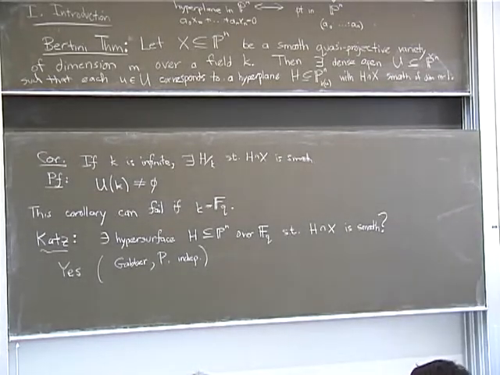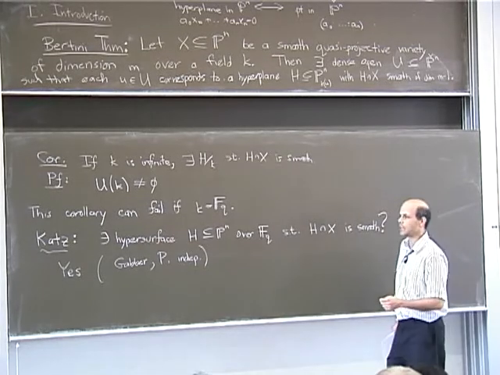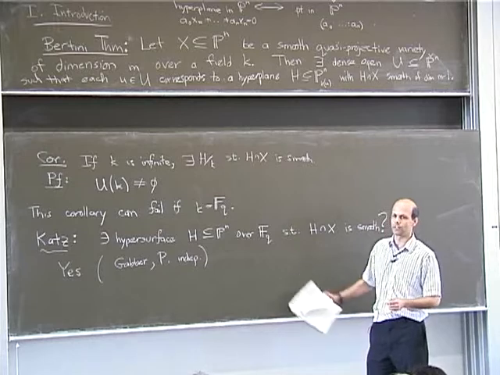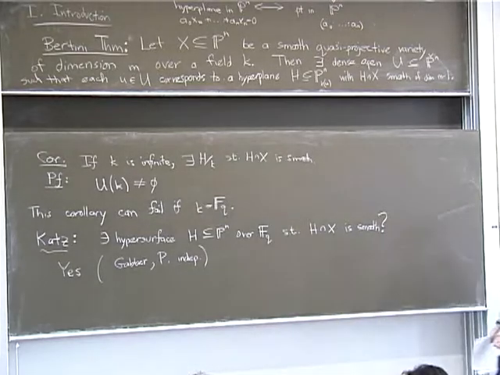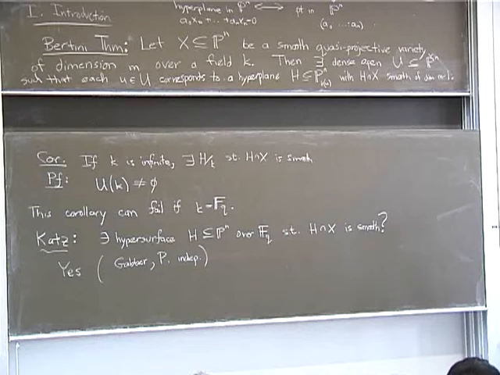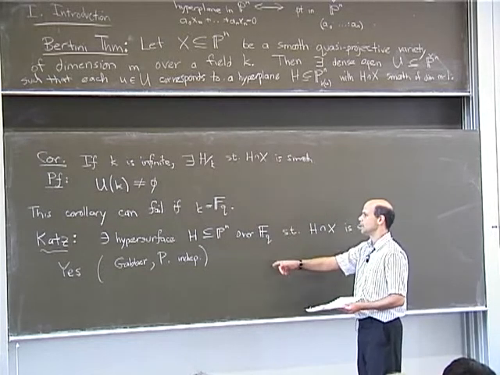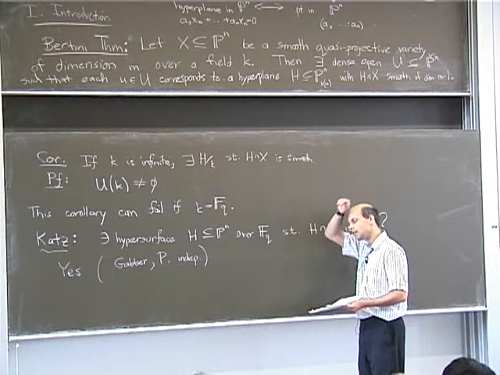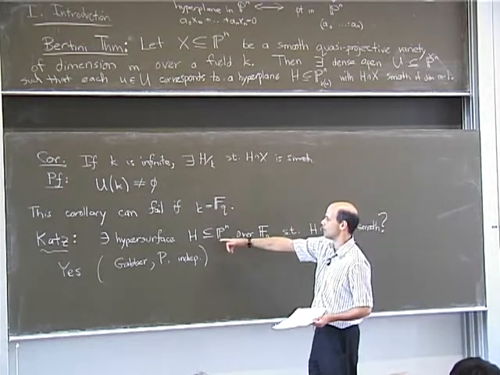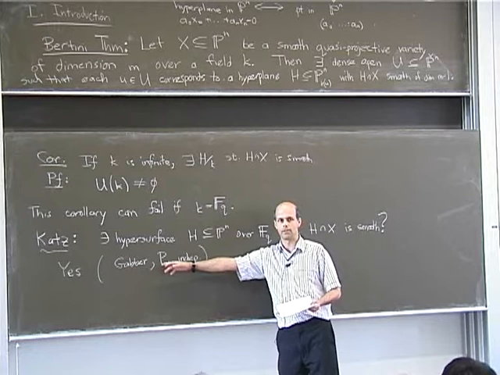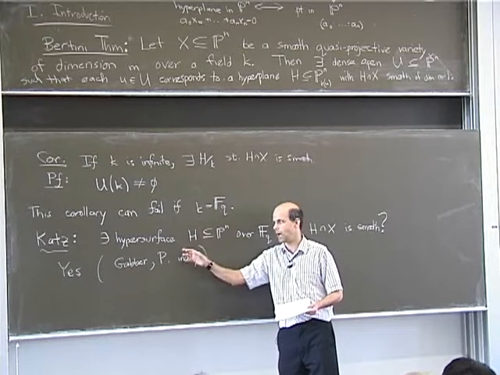Is your proof and Gabber's proof the same? Well, there are similarities, but they're not the same. For example, he proves that for certain degrees you can find such a hypersurface.